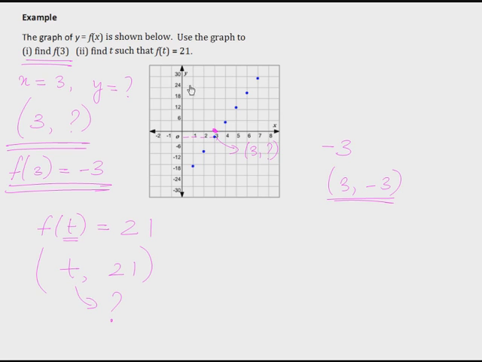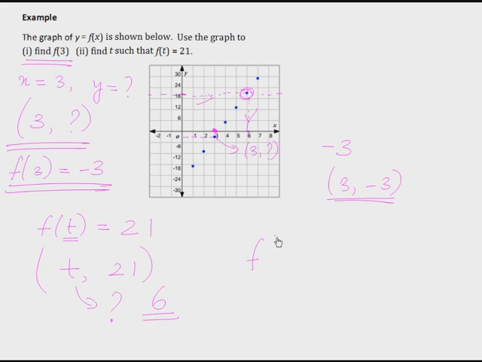So I go to 21 on the y-axis, that's here, and then I go to my graph. And there's only one point on the graph with y-coordinate 21, this point. And they want its x-coordinate. So I head down to the x-axis and the x-coordinate is 6.